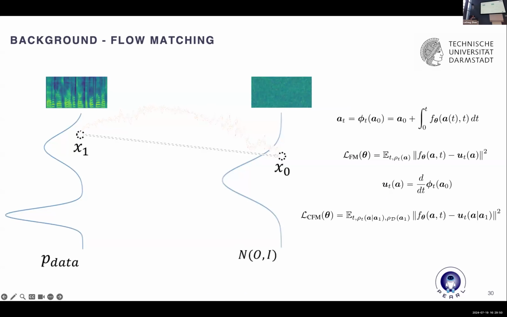I will not go through the details of flow matching. What is important to understand is that this approach solves an optimal transport problem when it does the denoising. So it takes deterministic paths in order to do the denoising from some initial noisy distribution to your target distribution.